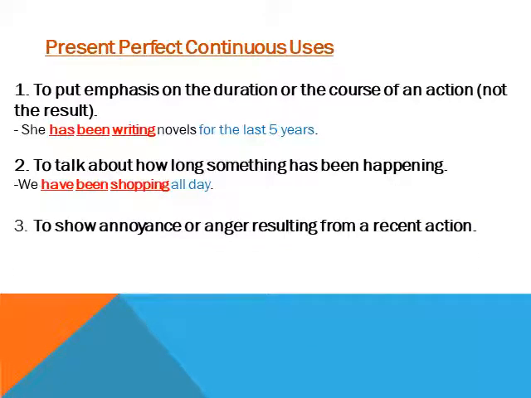Number 3. To show annoyance or anger resulting from a recent action. For example, who has been wearing my jacket? So this shows that you are angry with someone because he did something that you don't want, and this anger is resulting from a recent action.